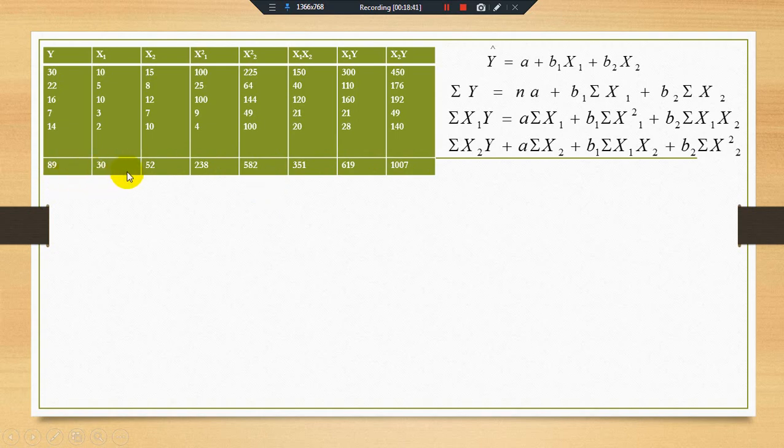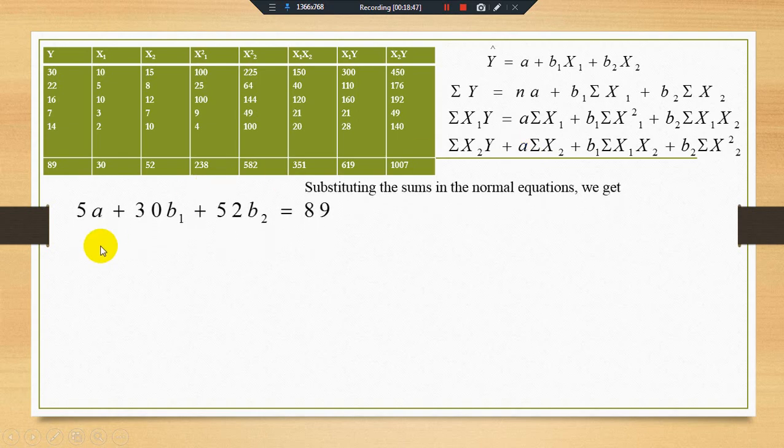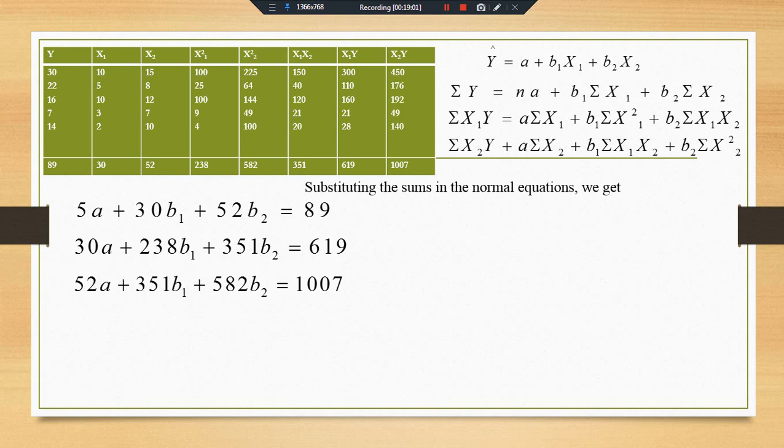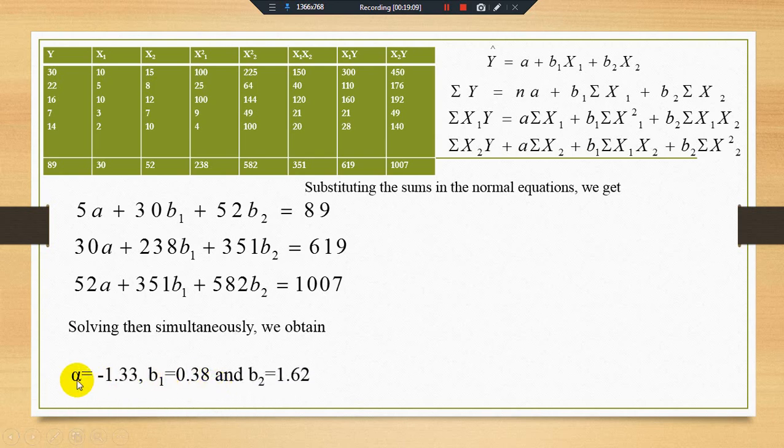Now put these sums into the normal equations, and we get the first equation: 5a plus 30b1 plus 52b2 is equal to 89. The second and third equations follow in the same way. With the help of the simultaneous equation process, we get a is equal to minus 1.33, b1 is equal to 0.38 and b2 is equal to 1.62.